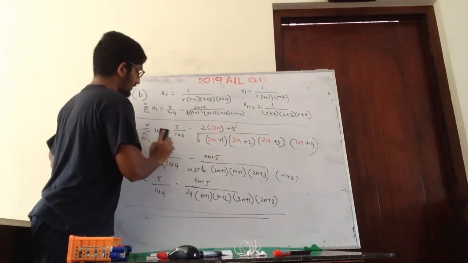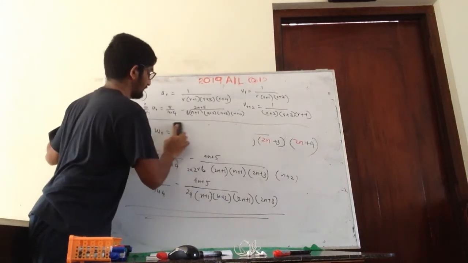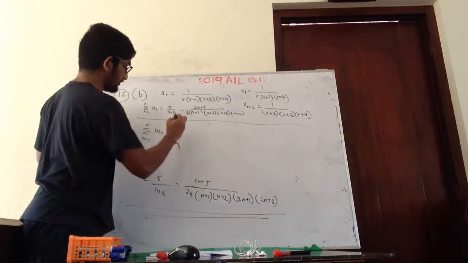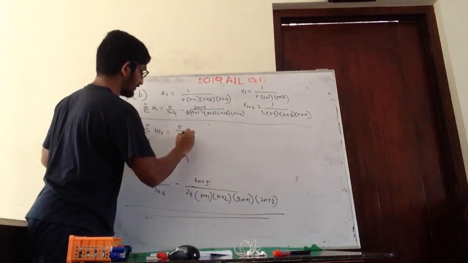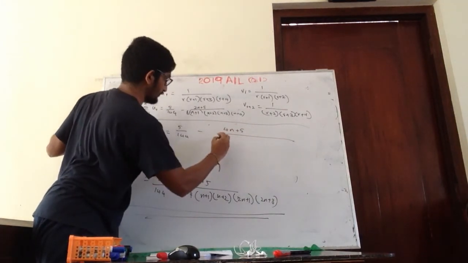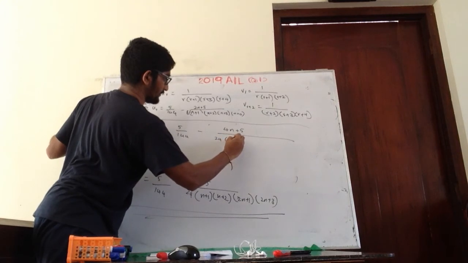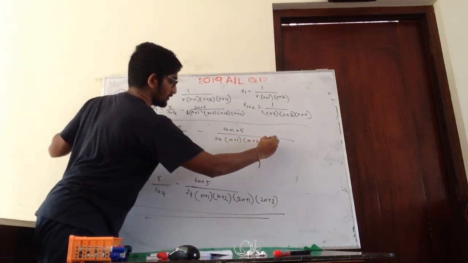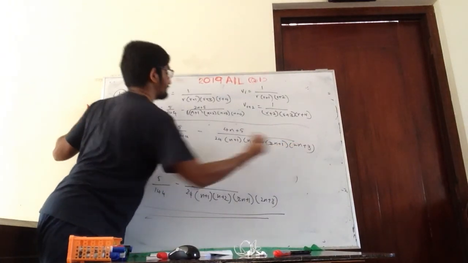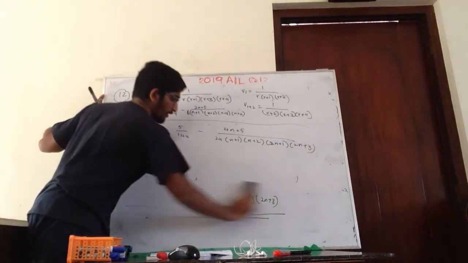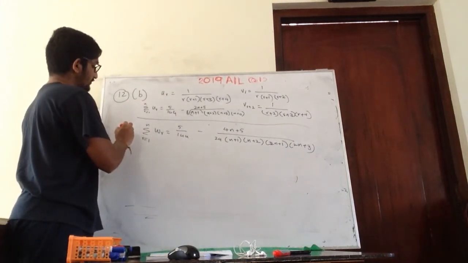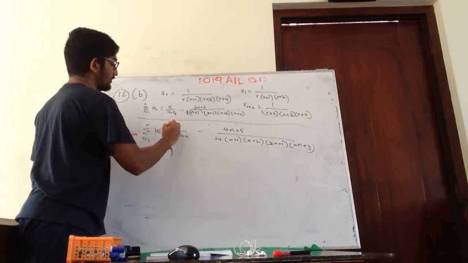So you get this as 5 over 144 minus 4n plus 5 over 24, n plus 1, n plus 2, 2n plus 1, 2n plus 3. They are asking about the infinite series, so I need to put the limit n goes to infinity.